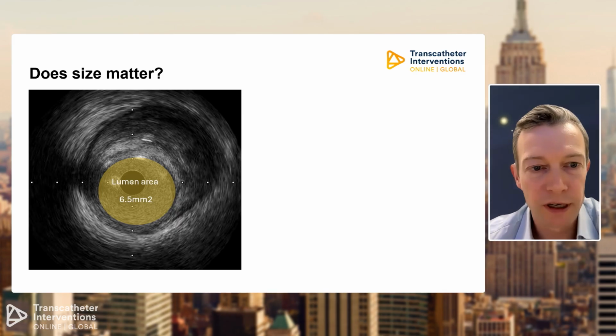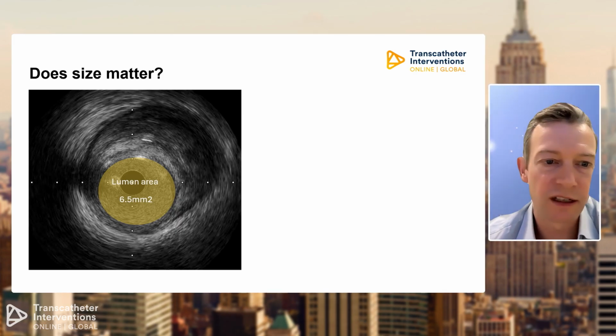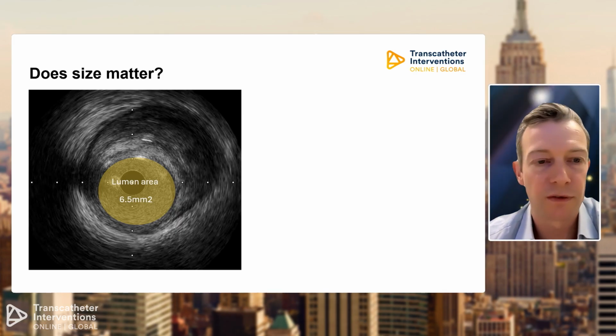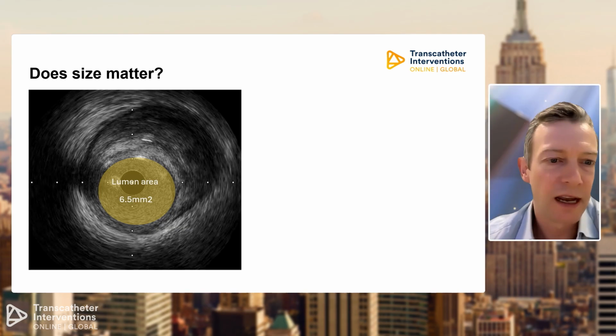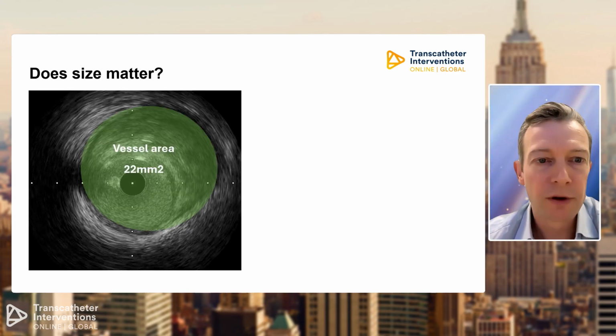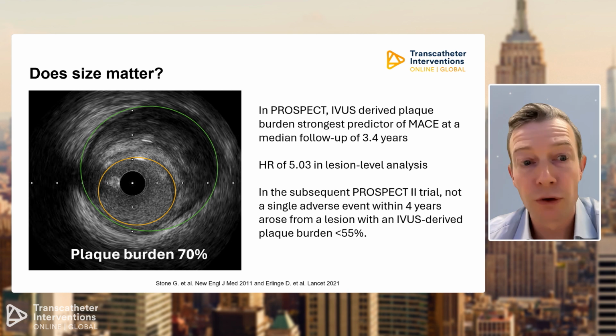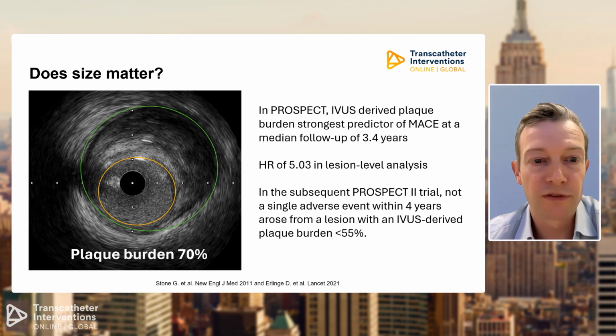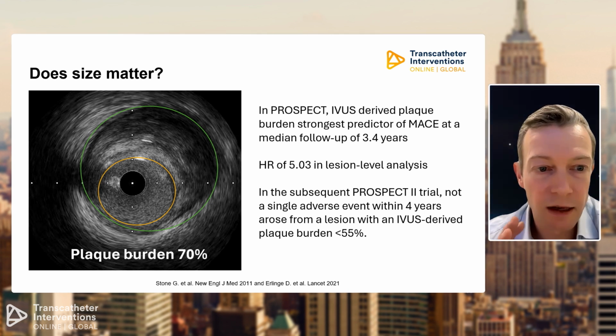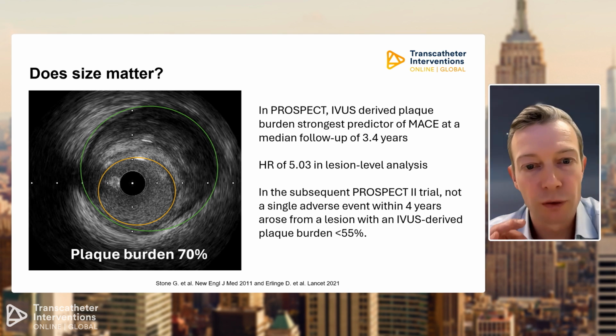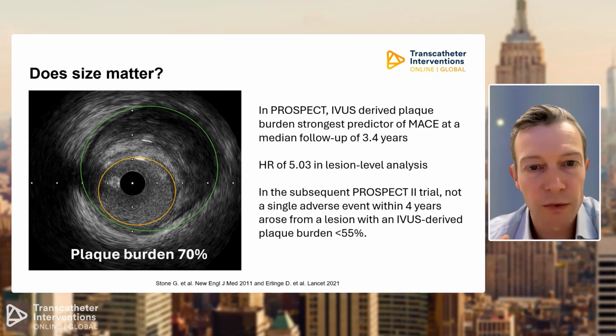This is important because if you would just look at the lumen, you would see that this vessel is about 3.0 in terms of residual lumen diameter, with an area of 6.5. But if you would delineate the vessel, you would see a vessel area of 22, which would represent a plaque burden of 70%.